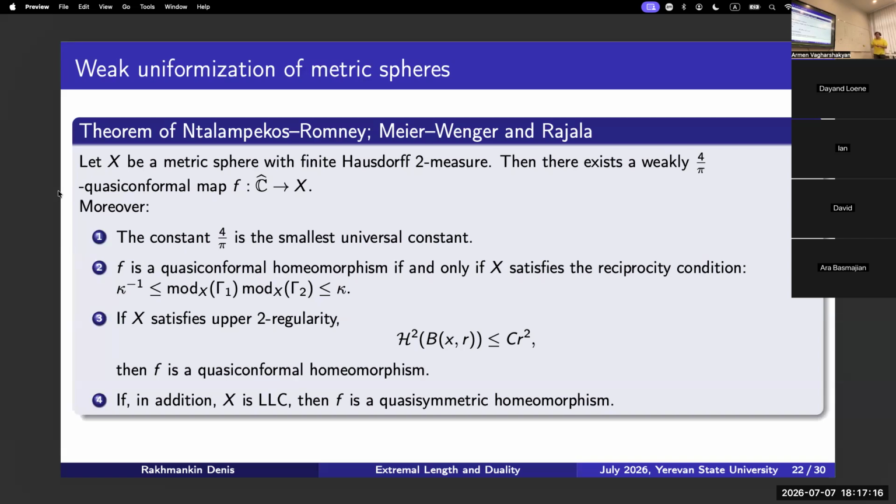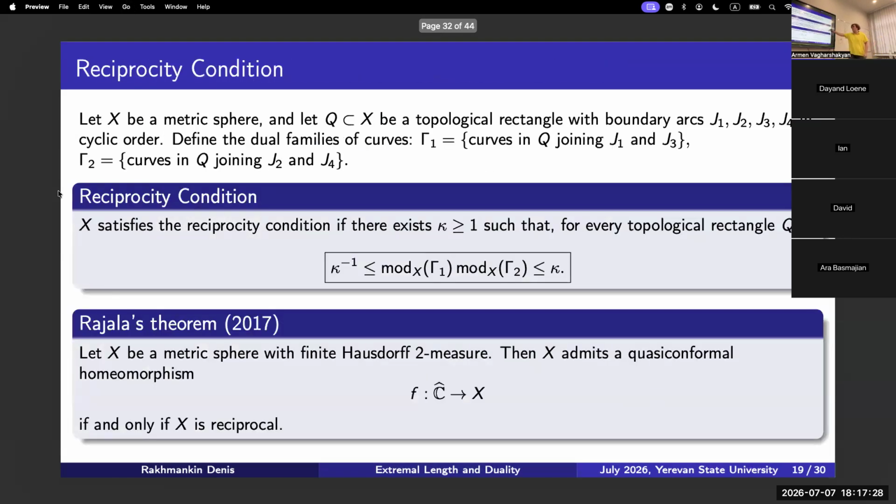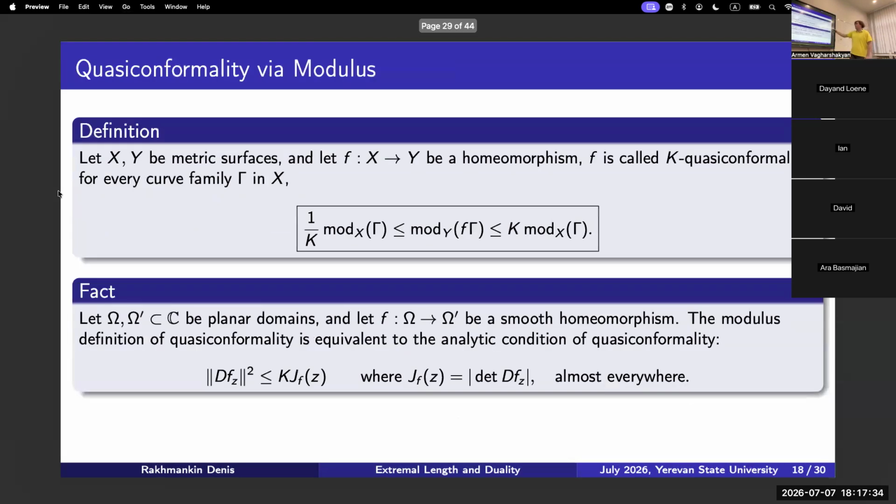In the normal situation, for quasi-conformal maps, we should have a reciprocity. For the quasi-conformal definition, we have an upper bound for the modulus of the image of the family. But in that case, we don't have an upper bound. But the complex plane is reciprocal.